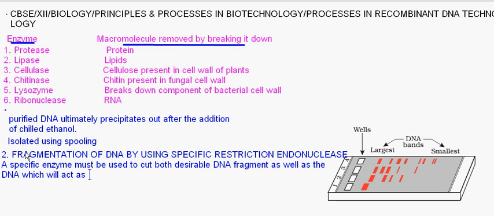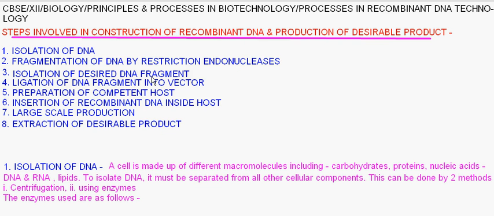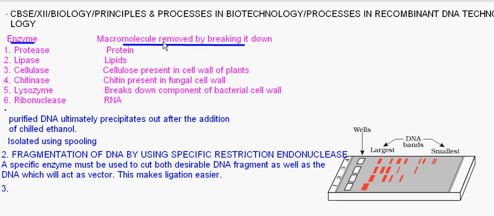Now coming to the third one, separation or isolation of the desirable DNA fragment. First, we isolate the whole DNA from the source, from the cells. Then next, DNA is fragmented, broken down into several pieces using a specific restriction endonuclease.